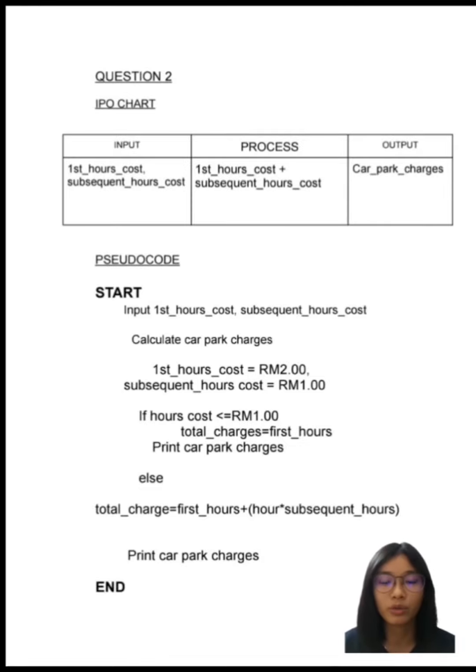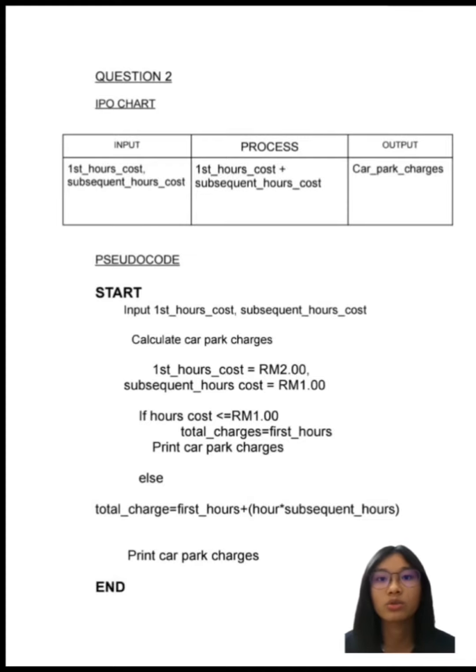For pseudocode, we need to use the selection control structure, which is if else, to solve the question. We need to write start in the first line, and the second line is we need to enter our input, which is the first hour cost is equal to 2 ringgit, and the subsequent hour cost is equal to 1 ringgit.